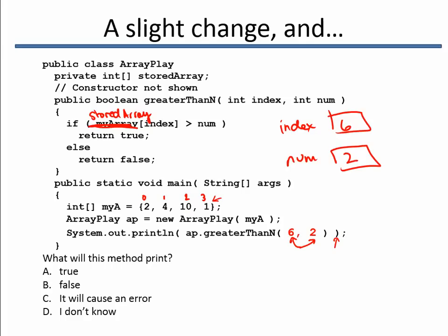So now when I try to access the element at index 6 in stored array, what's going to happen? I'm going to go off the end of my array. There is no element 6. So I am going to get an error. You may remember this is called an array index out of bounds error. It's a very irritating and frustrating error to get. So this is going to cause an error because we're going to try to access the element at position 6. All right, this will pick up in the next part of the video.